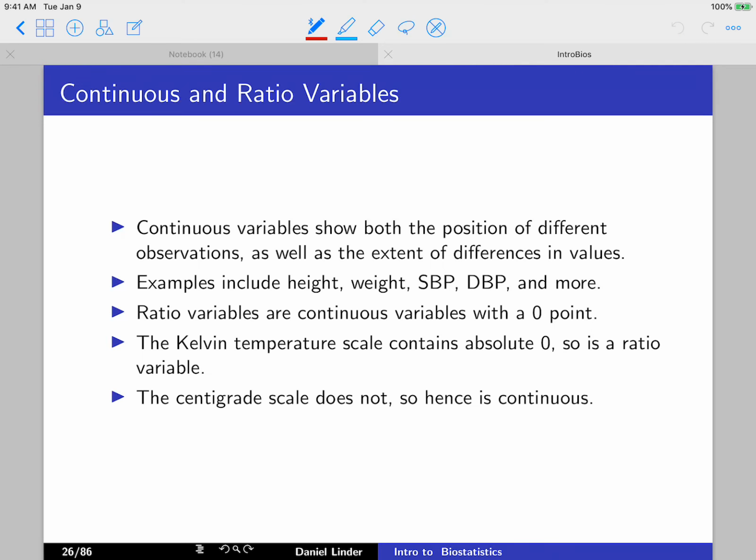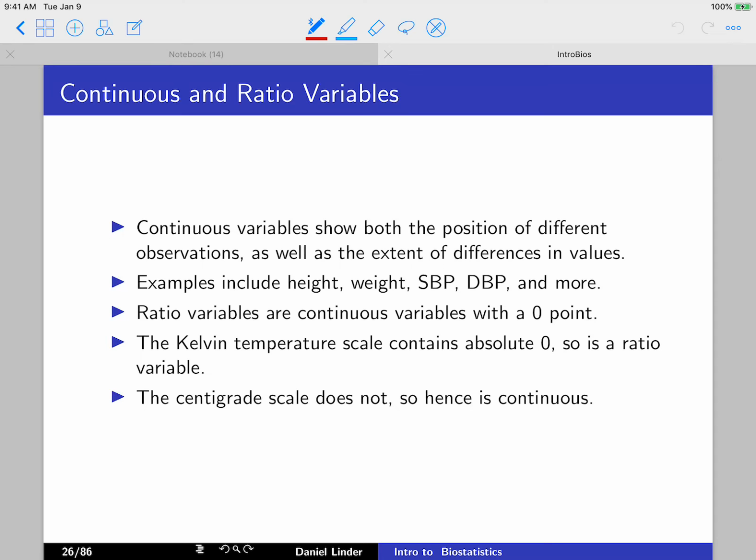So the continuous and ratio variables: continuous variables show both the position of different observations and the extent of the differences in value. This is in contrast to the ordinal variables, where differences between the points didn't necessarily mean the same thing. Here, for continuous and ratio variables, they do.